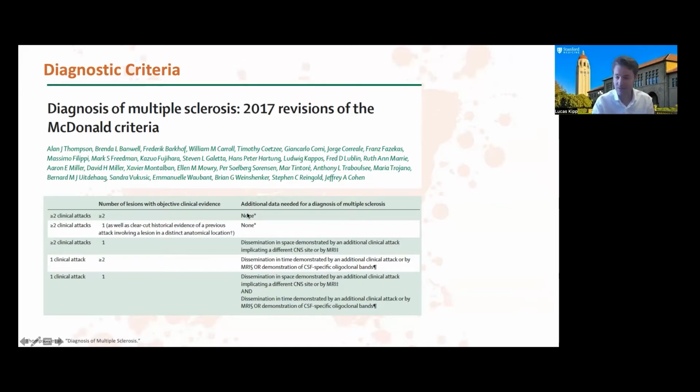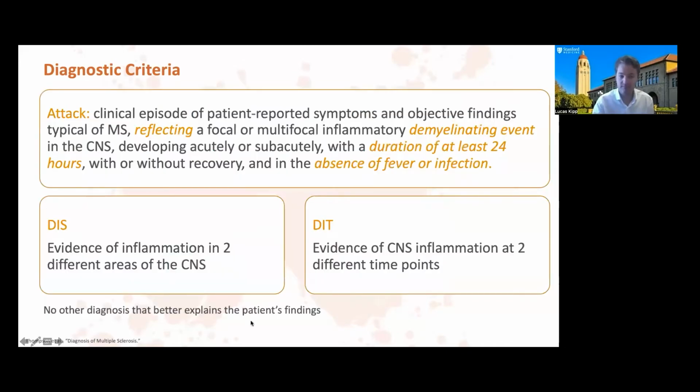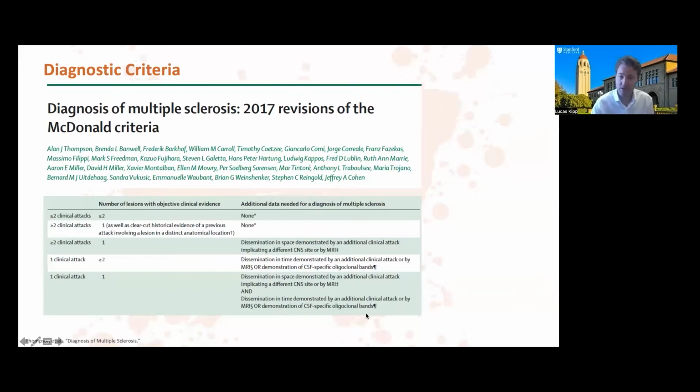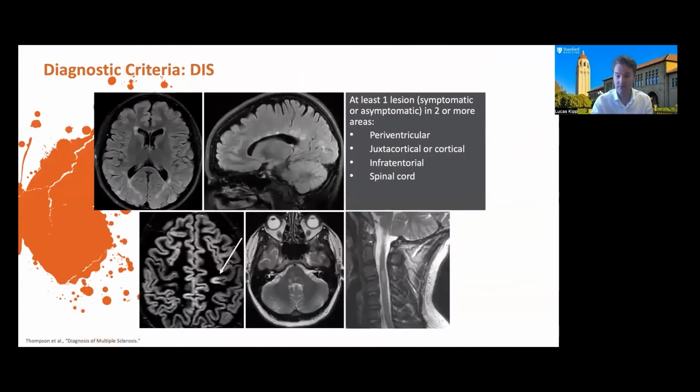However, in 2022, everybody gets an MRI, with the caveat that this better not be explained by anything else. And so it helps us rule out other things and helps us confirm that what we see on MRI looks like demyelination as well. But often when people are coming in for their first attack, we have to use MRI to then show dissemination in space, which I'm depicting here.